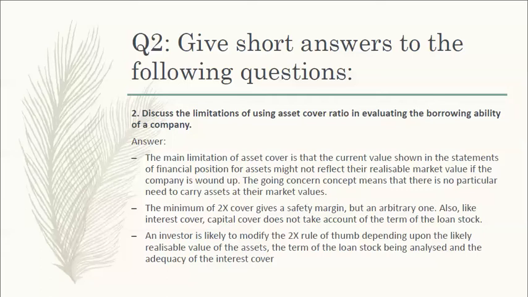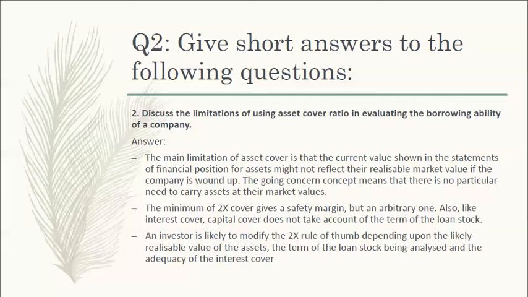So, regarding the limitation of using asset cover ratio in evaluating the borrowing ability, it is restricted by three limitations. First, the current value shown in the statement of financial position for assets might not reflect the realizable market value if the company is wound up.